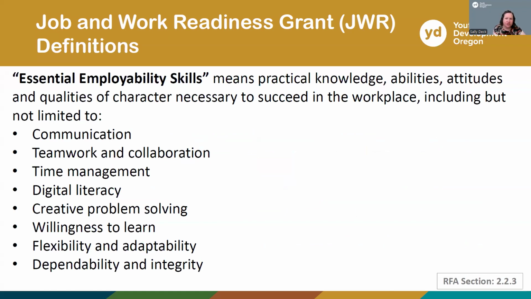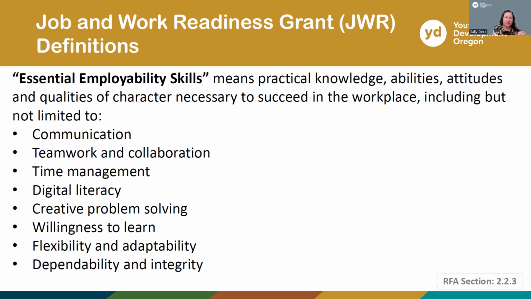So the definition of essential employability skills is in the RFA, and you are welcome to read that. We invite you and hope that you do enjoy some thorough reading of the RFA. But it's really detailed, and I've got two slides here that will show some of the key elements that we're highlighting. You'll note that we say this is a list of items that are included but not limited to the following items.